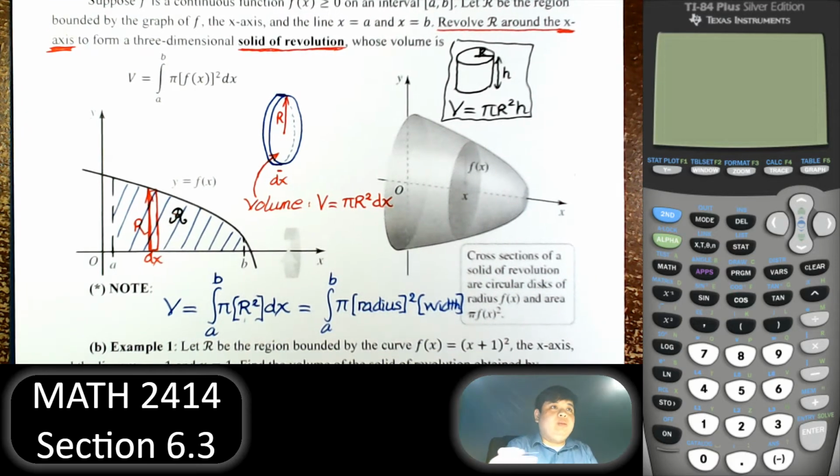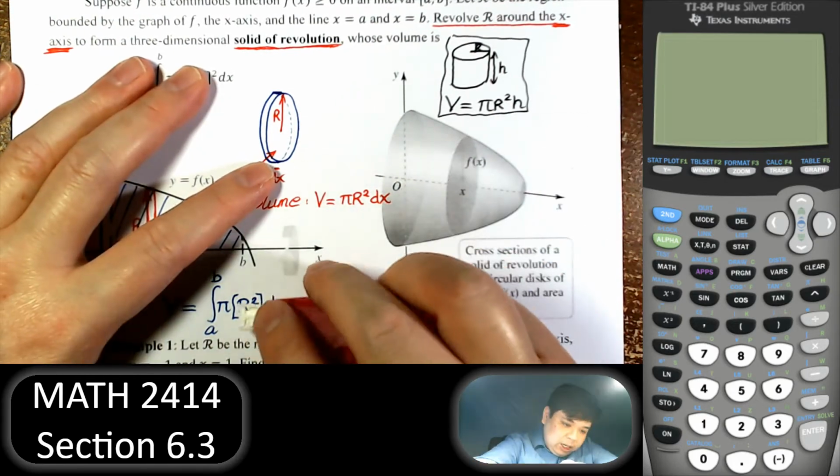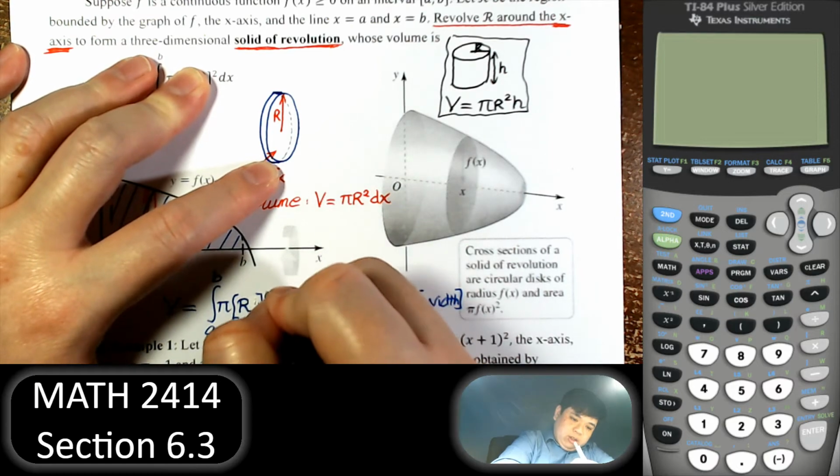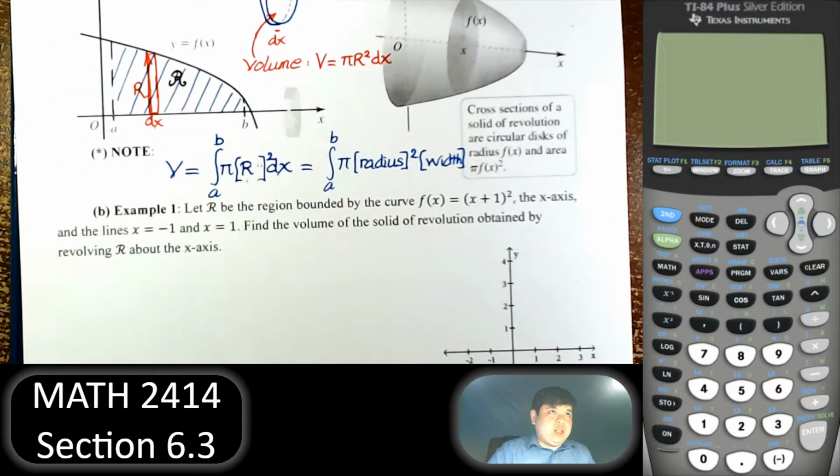So we need the radius and the width. The width is dx, so we just need the radius. That should be simple.